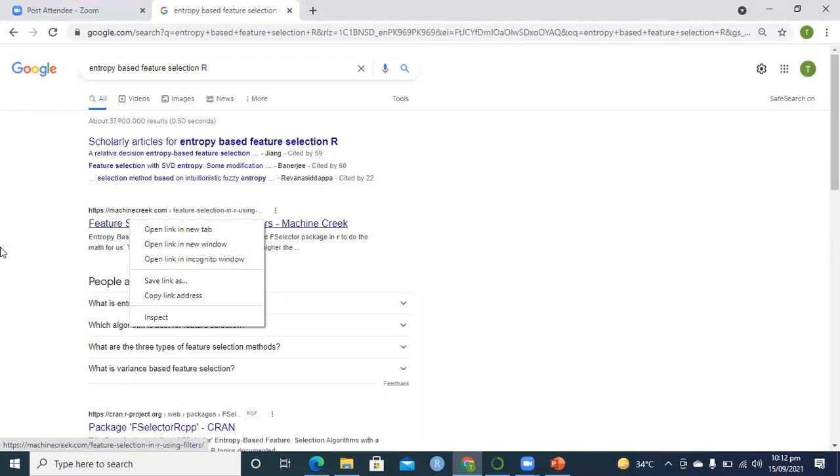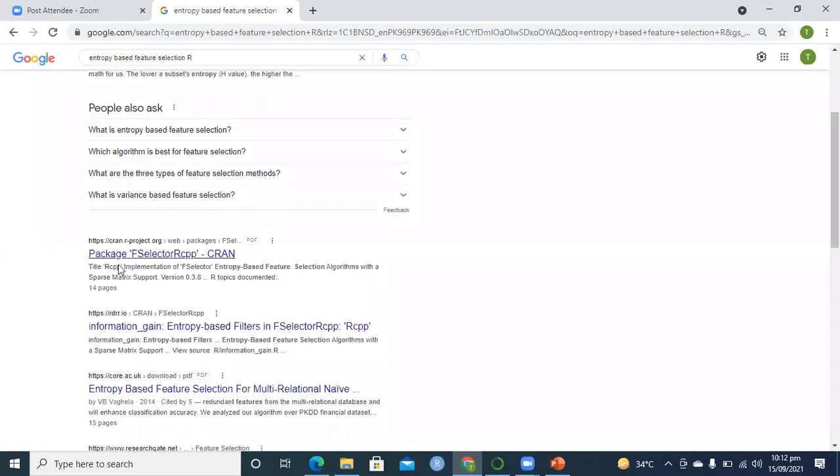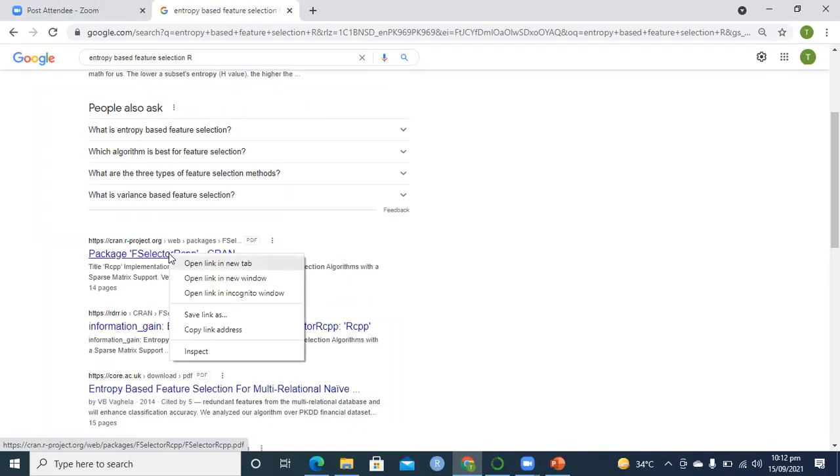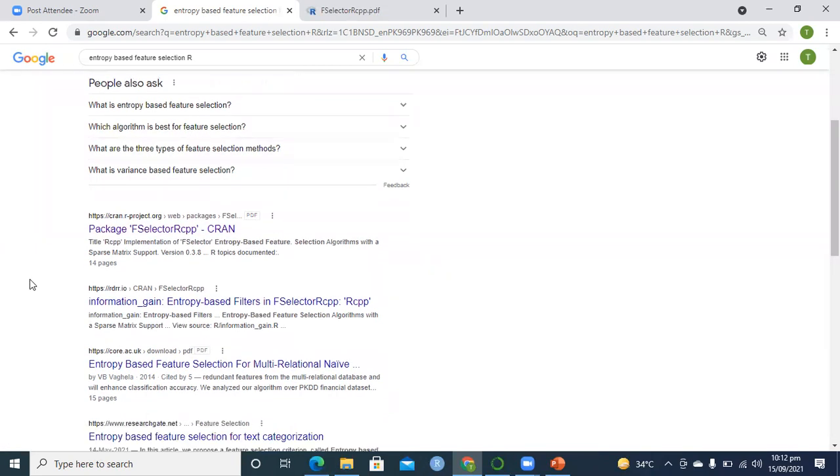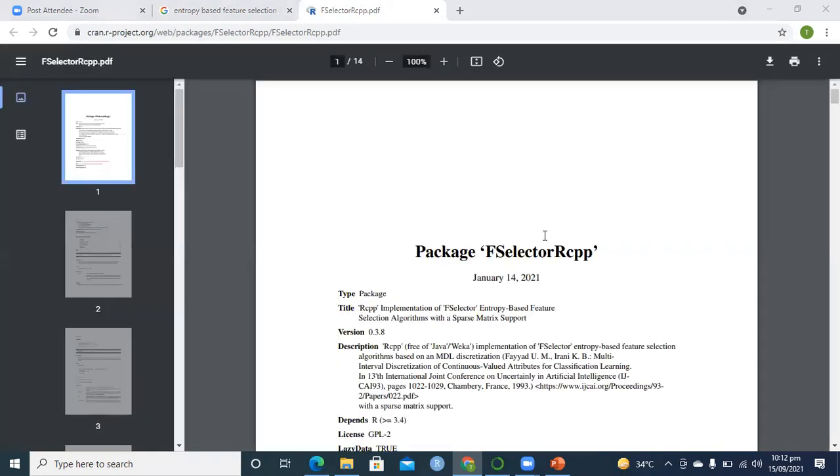So we can use filters. FSelector is a C++ library, and they are using this library to calculate the feature selection. You can see this is a very latest project package. Select features with a sparse matrix. You know, sparse matrix means a matrix where a large number of values are zeros. Like how many people are using Facebook at a time.